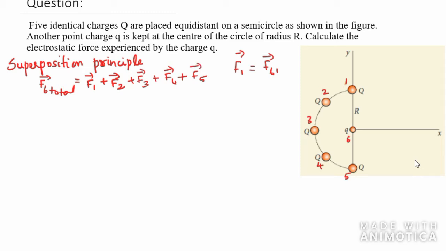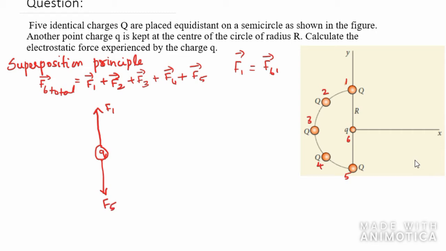To find the vector sum, first we have to draw a diagram showing the direction of each force. First Q is in the center, and F1 is acting upwards. Downwards we will take F5.